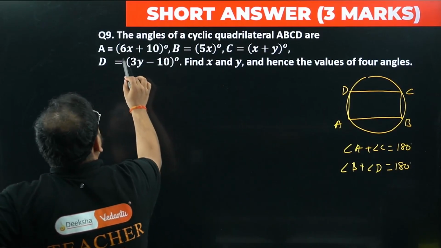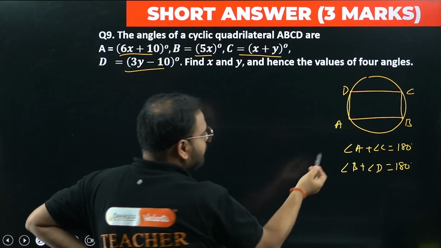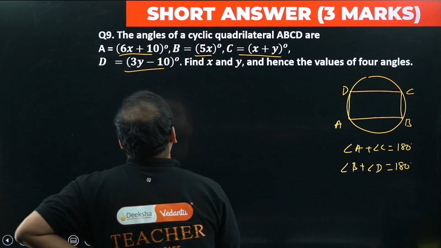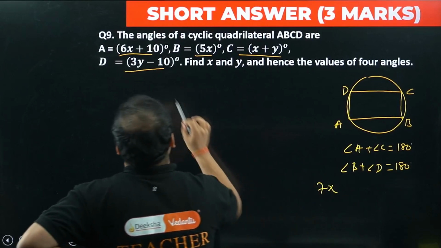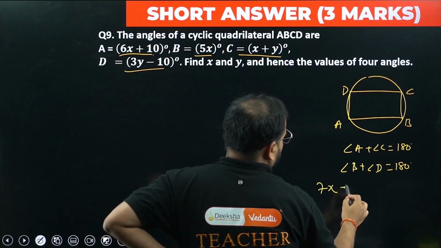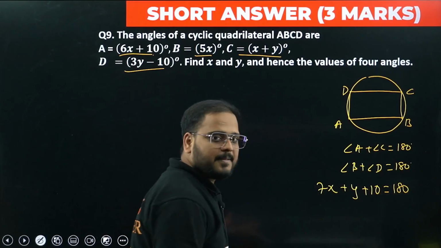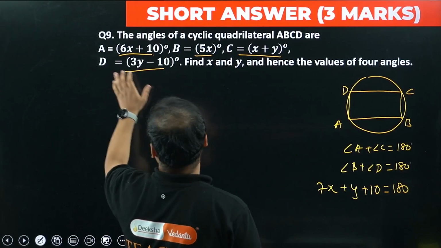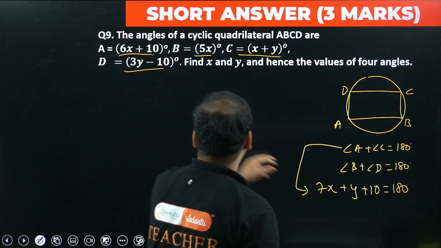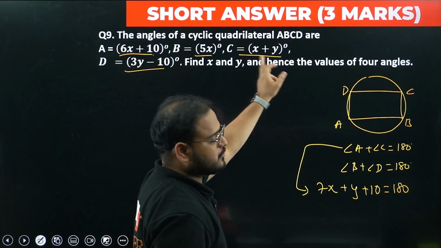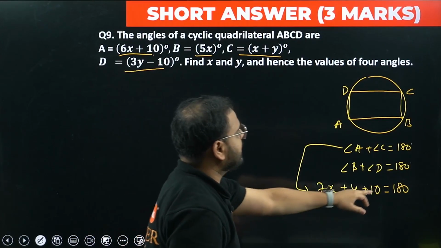Now they've given the angles 6x plus 10, 5x, x plus y, and 3y minus 10. Let's substitute in the equations. First one, A plus C. So 6x plus x is 7x, 10 is the constant, plus y, equals 180 degrees.